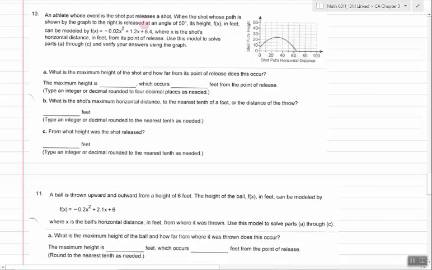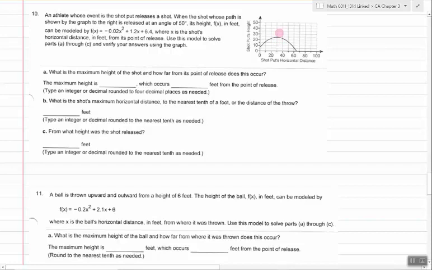All right, so here is the function. X is the horizontal distance, Y is the height. Let's see what the questions are. What is the maximum height of the shot? All right, the max height. And how far from its release point does this occur?